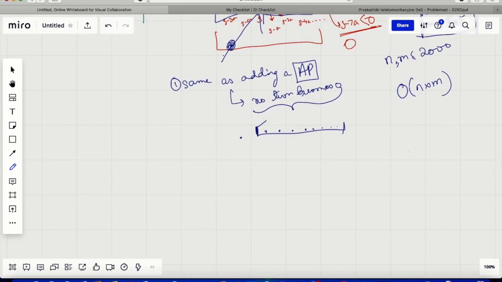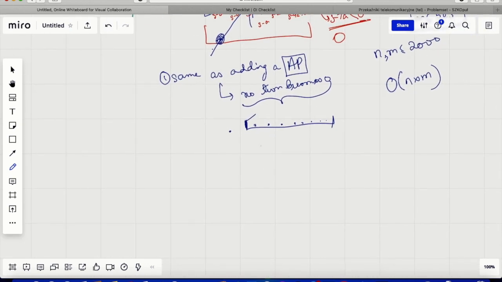Now let's further break this down into what we are actually adding. There is an AP like this where we are given a certain first term and we are also given a difference value. So this is the first term, this is the diff value.